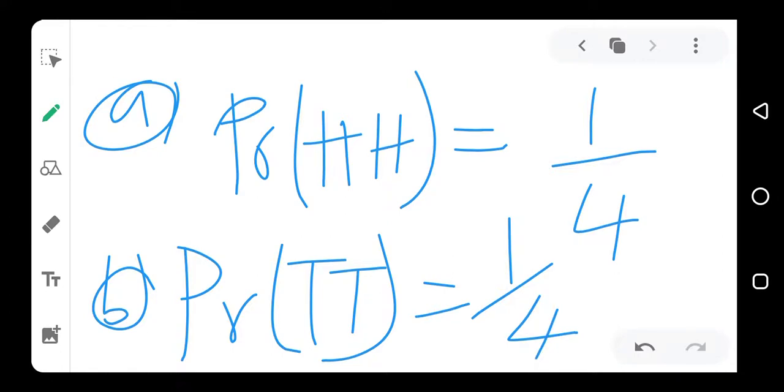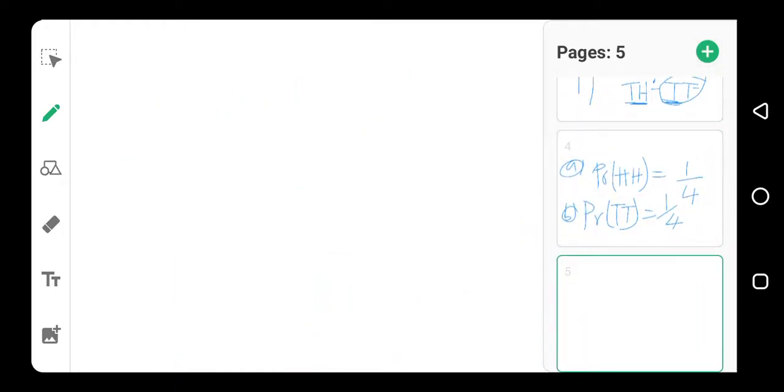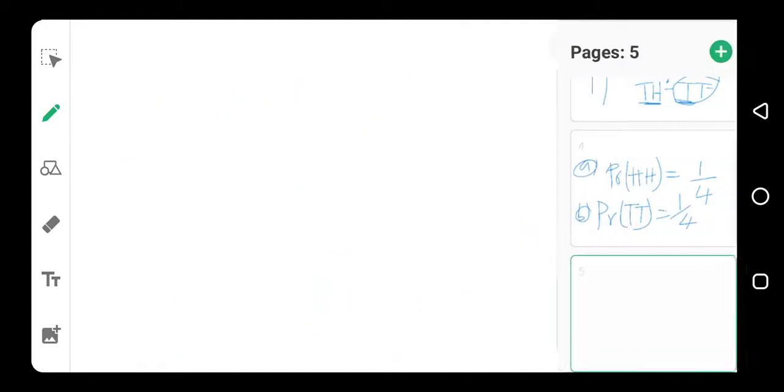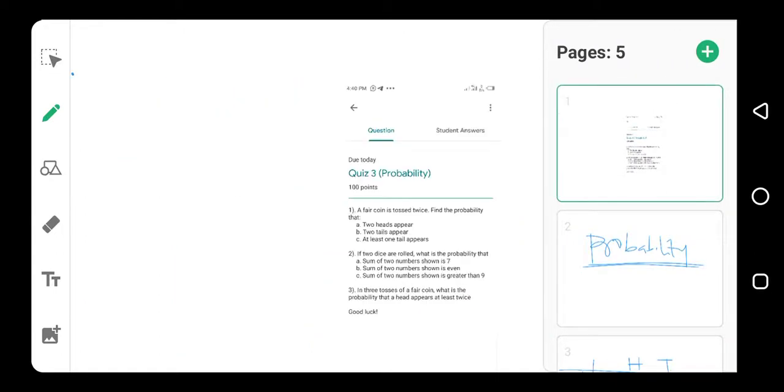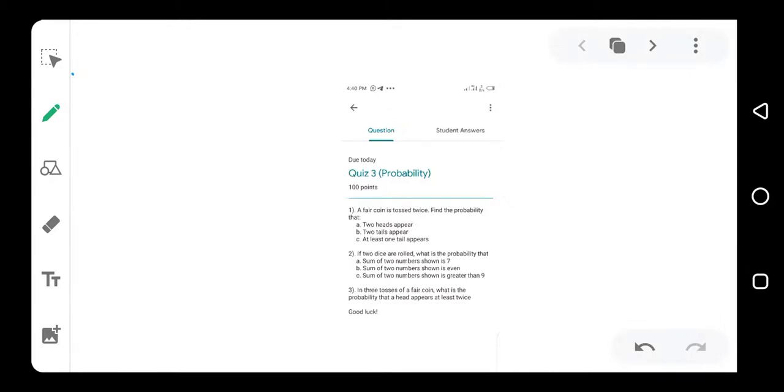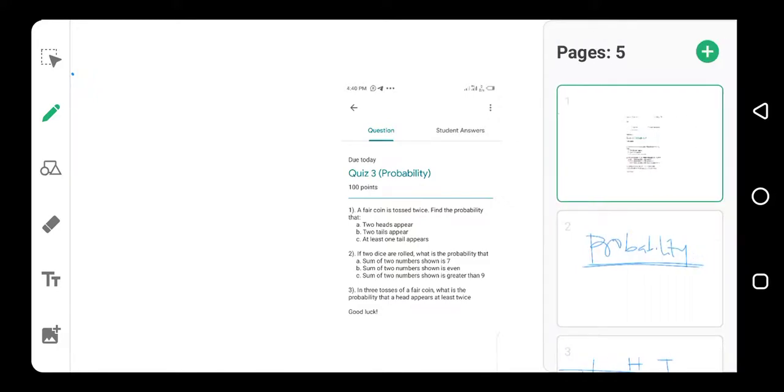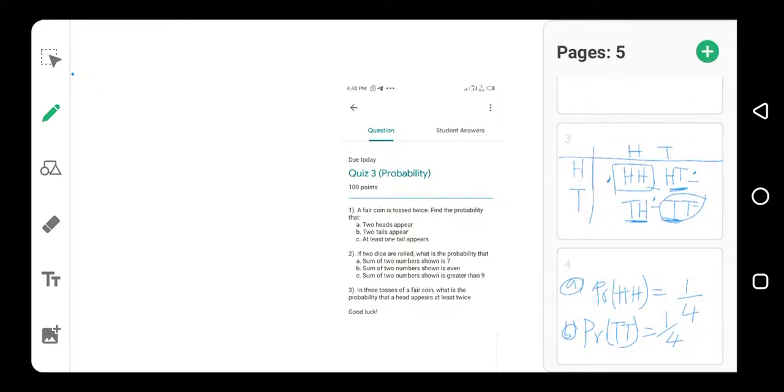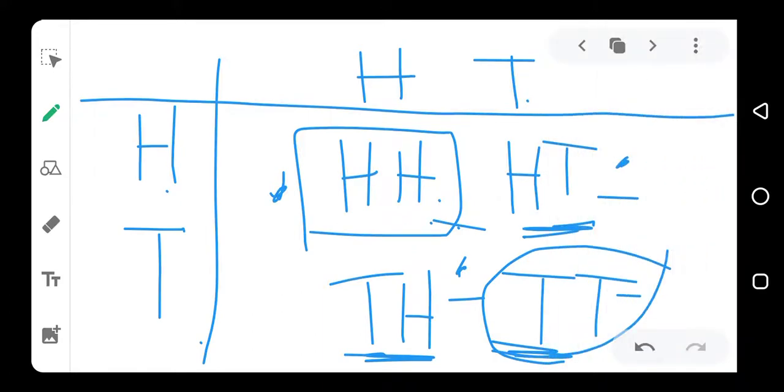Then for C, the question is, find the probability that at least one tail appears. That is the one that contains at least one tail. This one contains one tail.